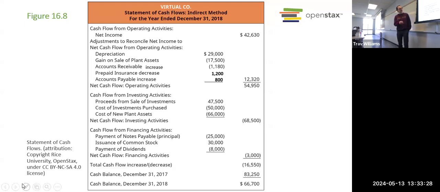Then how do we get total cash flow? Where does this number come from?